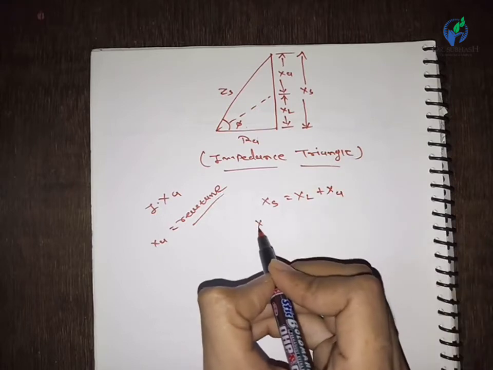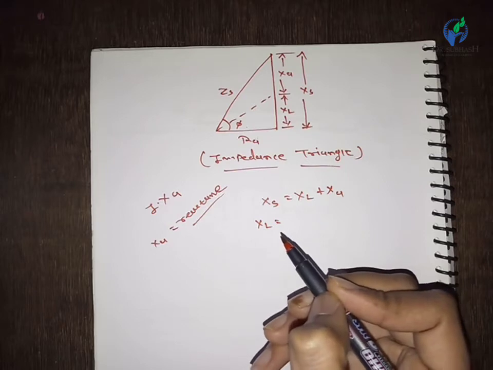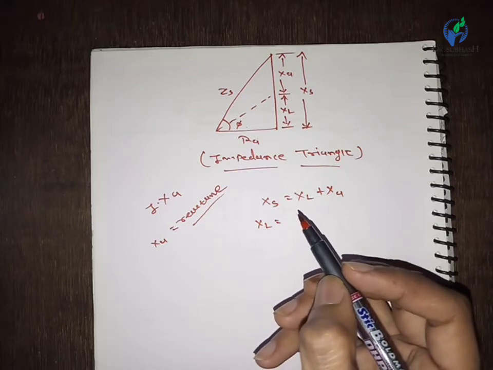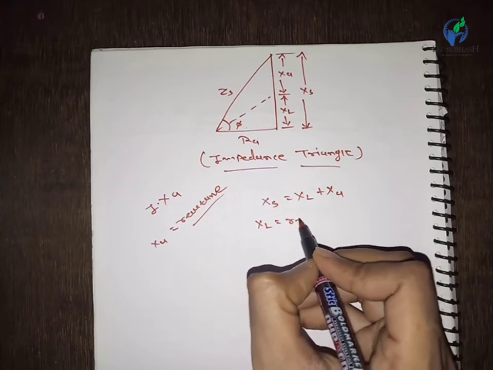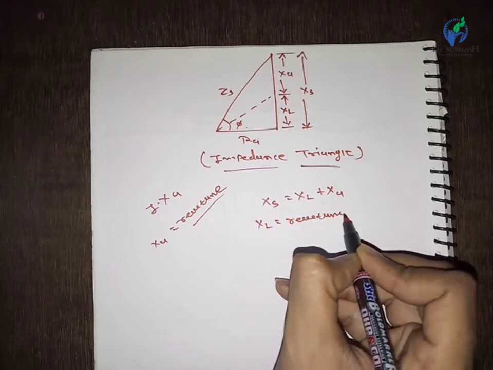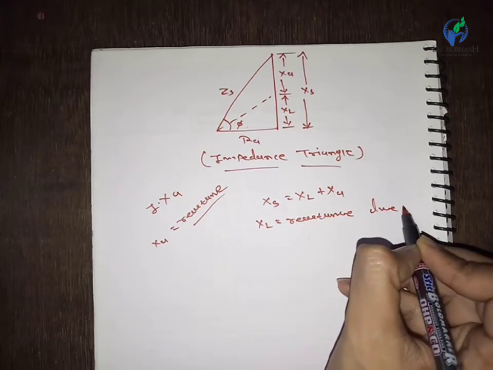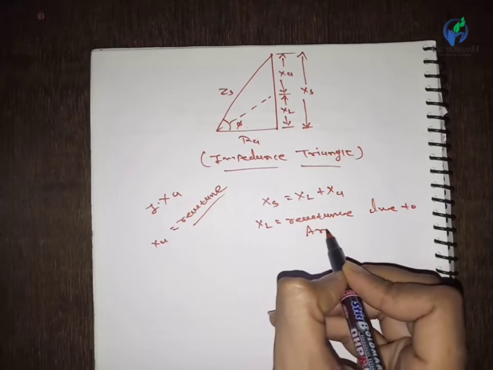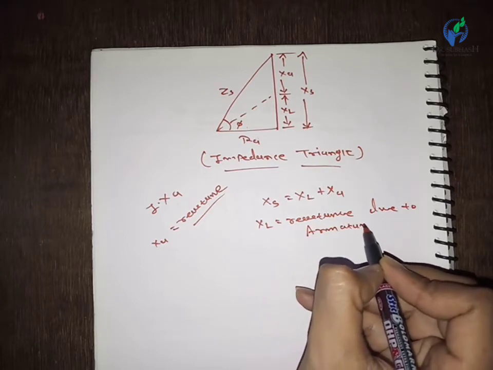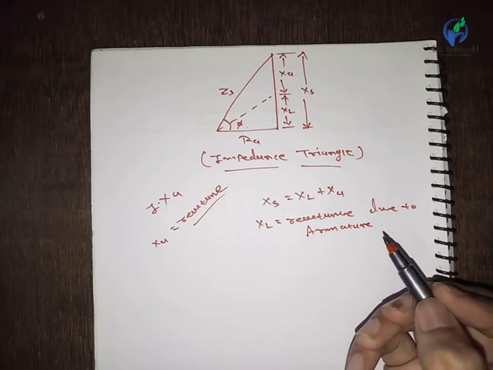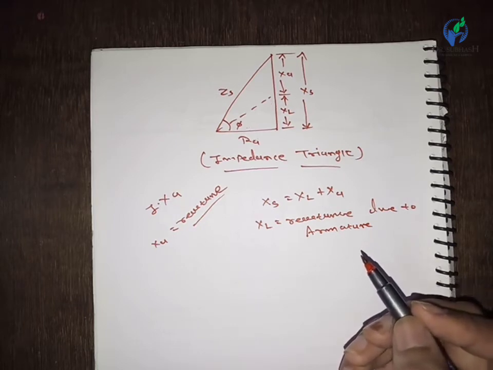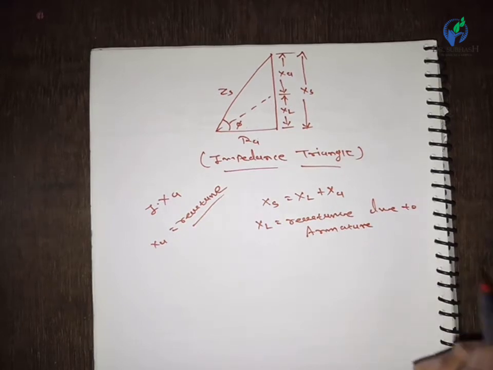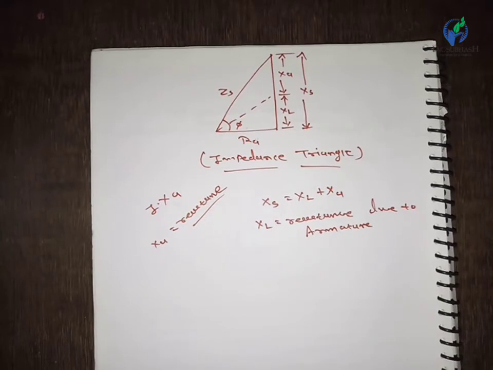The voltage drop due to the synchronous reactance leads the current by 90 degrees.